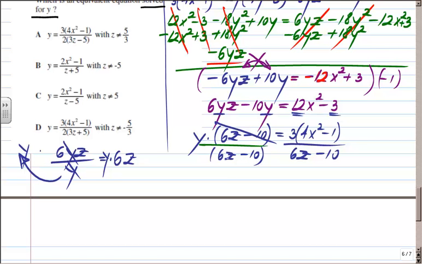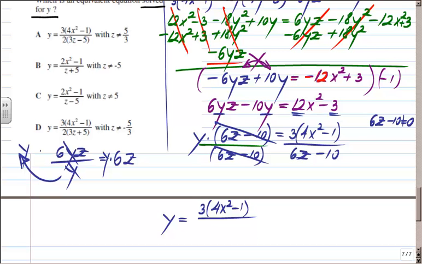Okay, simplifying. 6z minus 10 divided by 6z minus 10 is going to be 1. Eventually you can write here that 6z minus 10 should be different than 0. But for the purpose of this problem, that's not necessary. And I have y equals, left side, 3 times 4x squared minus 1.